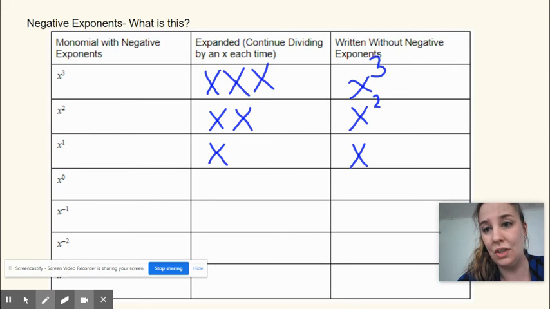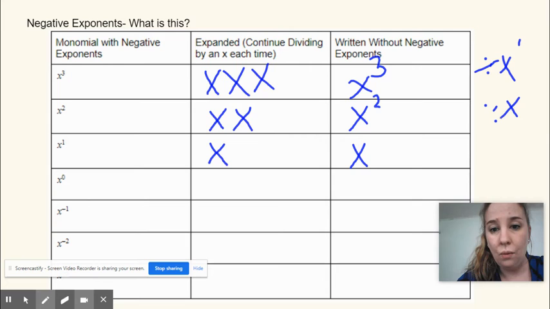Because what's x to the third divided by an x? It brings us to x to the second. And then x to the second divided by an x brings us to x to the first. What is x divided by x? 1.